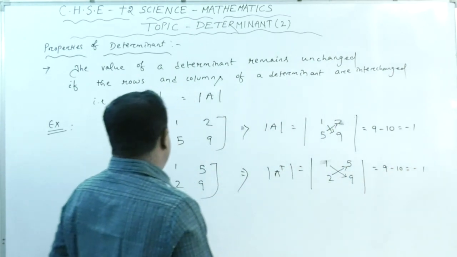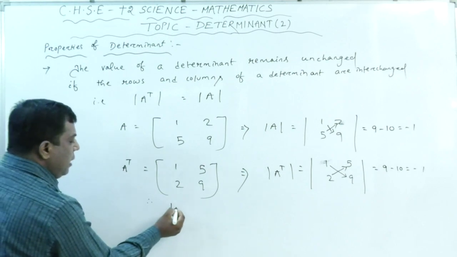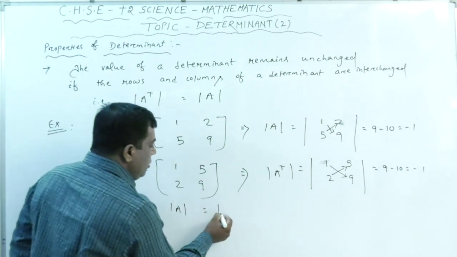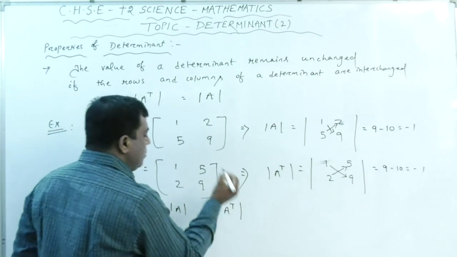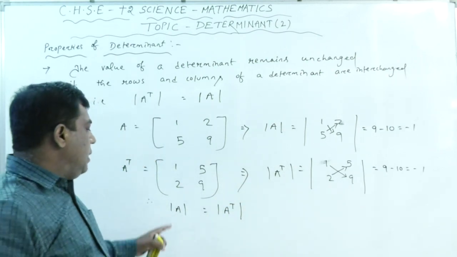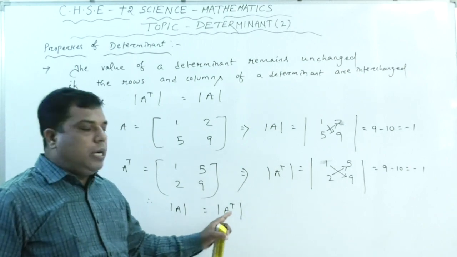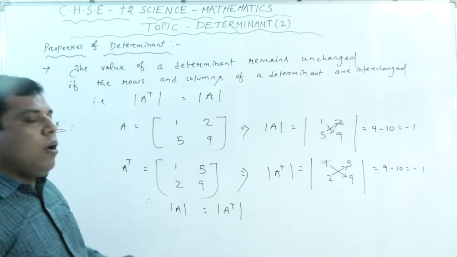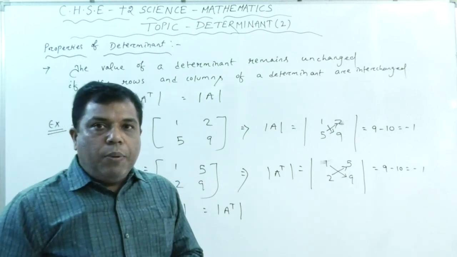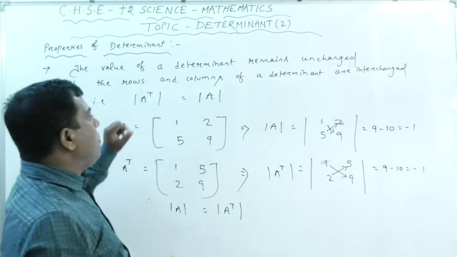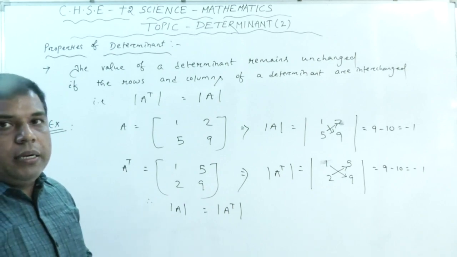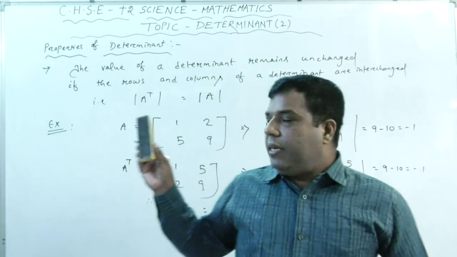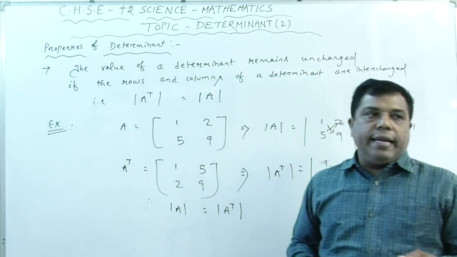So we can say the determinant value of any square matrix A is equal to the determinant value of its transpose matrix, that is, determinant of A equals determinant of A transpose. Dear students, I hope you can understand the first property of the determinant. Clear? Please write it and we will go for the next property.